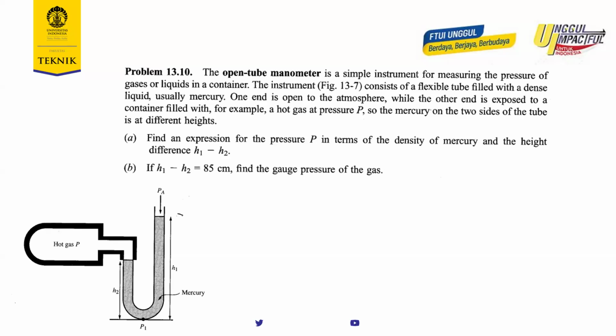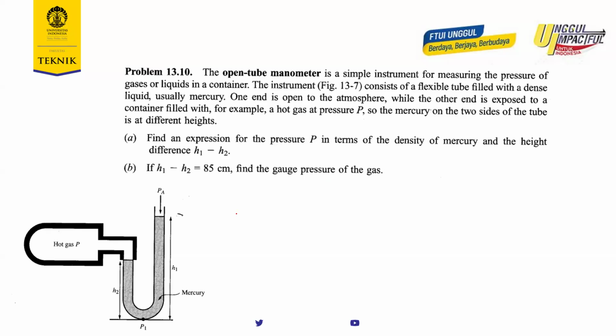So the mercury on the two sides of the tube is at different heights. And then find an expression for the pressure P in terms of the density of mercury and the height difference. It's H1 minus H2.